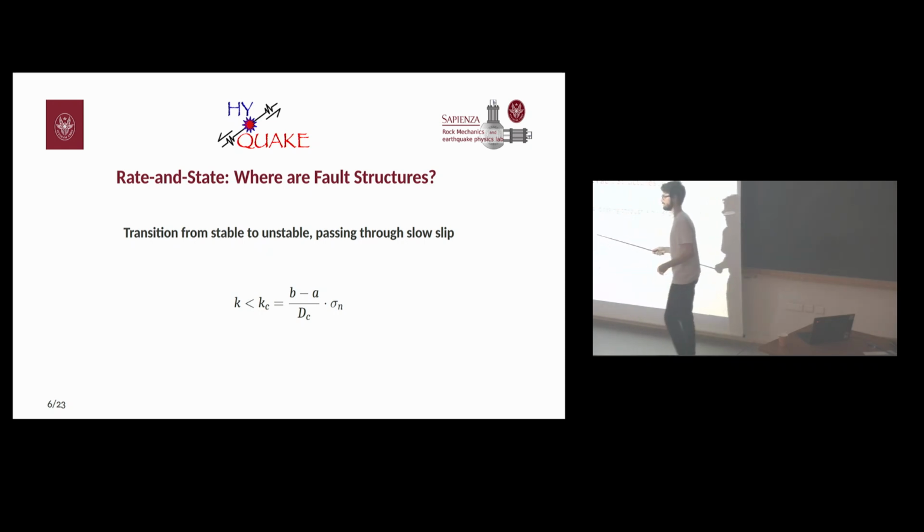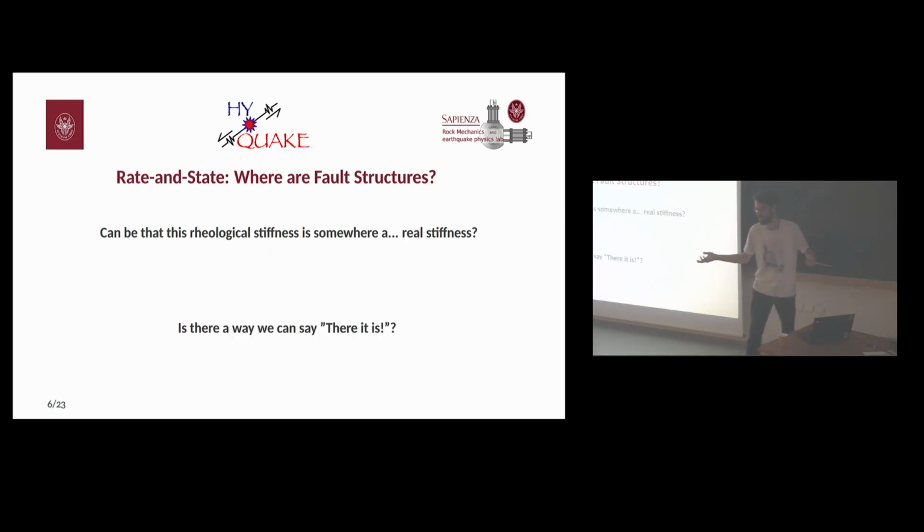I'm a student, I'm not that smart on rheology, and the first thing I thought was, maybe this rheological stiffness is real stiffness. So it's a real relationship between stress and strain at a point around the fault. So I went on and said, is there a way that I can see it? The answer is no.